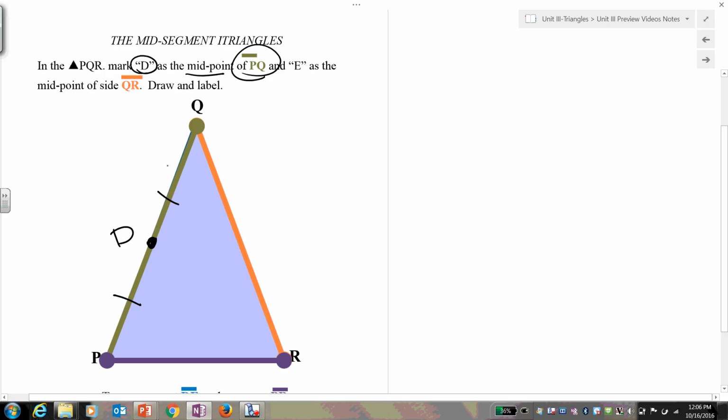And notice it's a midpoint, notice the hatch marks. And E is the midpoint of QR.